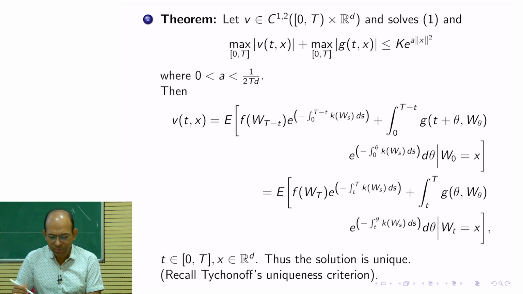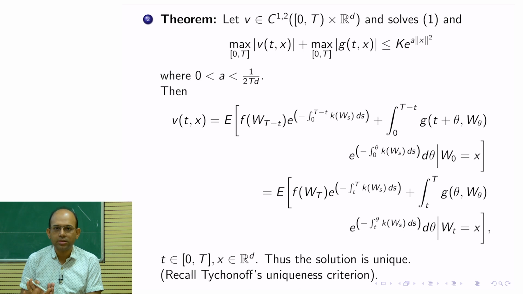What is the benefit of this expression? Okay, this is precisely saying that f is evaluated at terminal time of W, and f is the terminal data. So, it is in that sense more intuitive. And here this is like capital T to small t: when you want to find out V at time small t, which is a little before capital T, then you just need to look at the interval small t to capital T. Why?